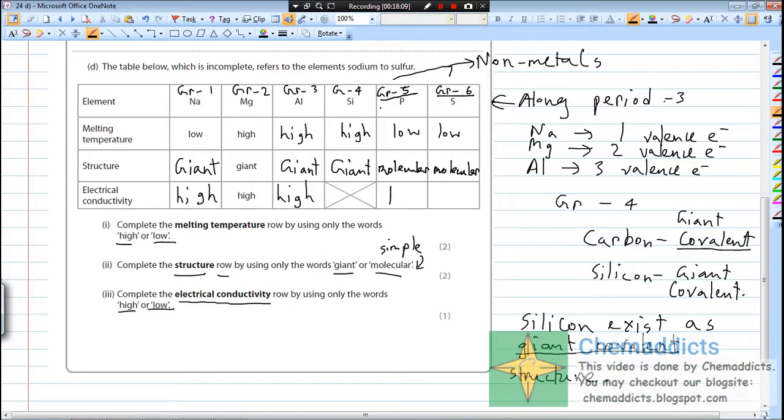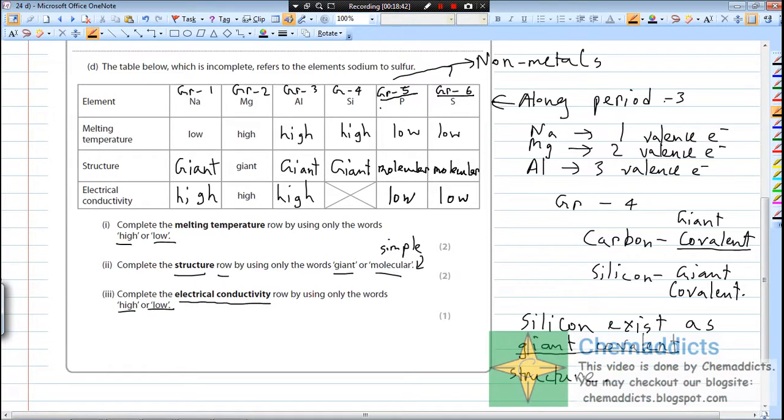Electrical conductivity is low, almost negligible. Since they are non-metals, definitely they will have low electrical conductivity. Since they have suggested writing either high or low, if they didn't mention any of these, we would write negligible, very low, or almost no electrical conductivity.